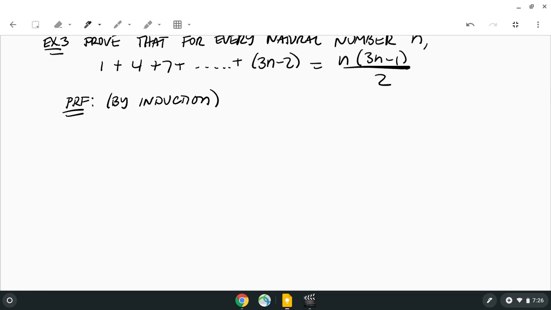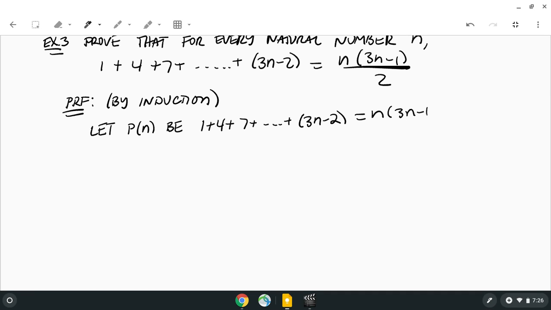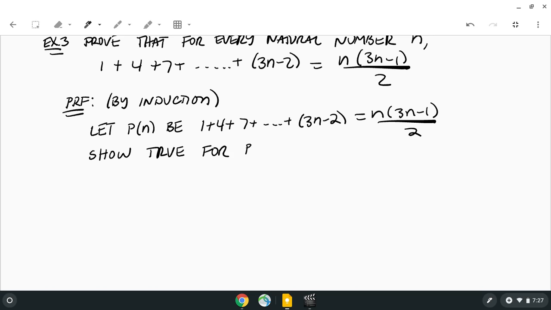Okay, so we start with our P of n statement. 1 plus 4 plus 7, which is the very thing that we are trying to prove. Okay, and then we show that it's true for P of 1. So P of 1 equals 1, right? It's just the first term.